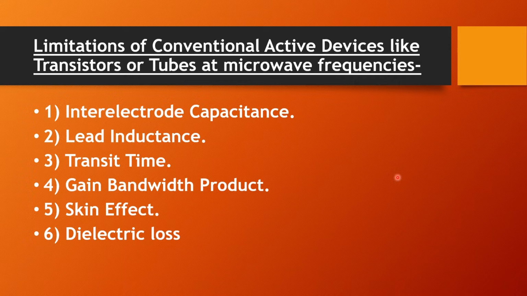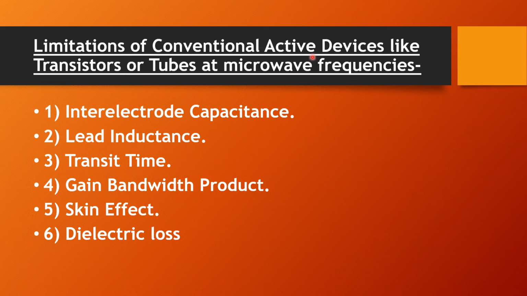At microwave frequencies, the normal devices which we generally use, like the PN junction diode, BJT, FET or MOSFET, are confined to be used at lower frequencies below 300 megahertz, and above 300 megahertz such devices cannot be used, and special types of microwave devices are necessary for such frequencies.